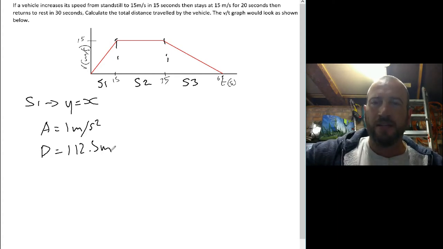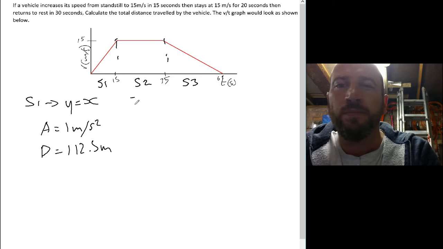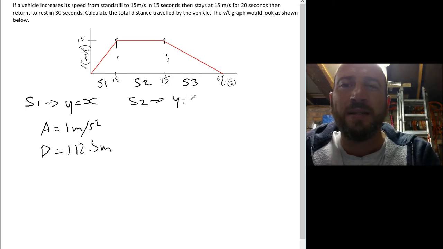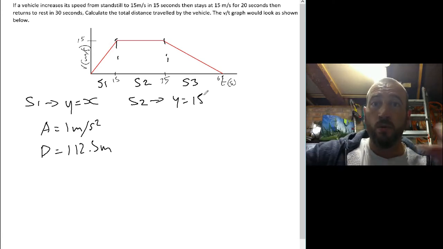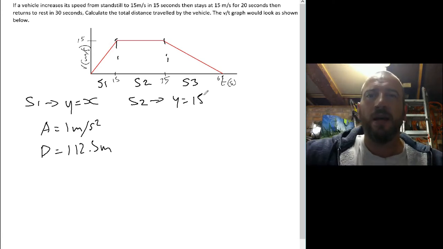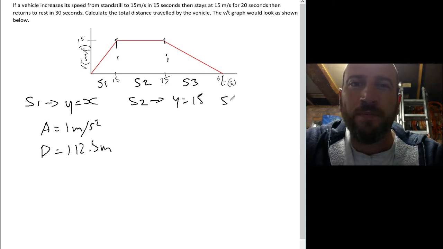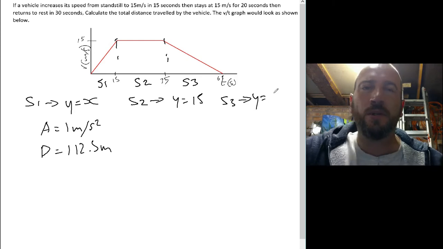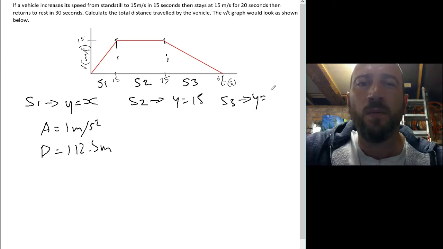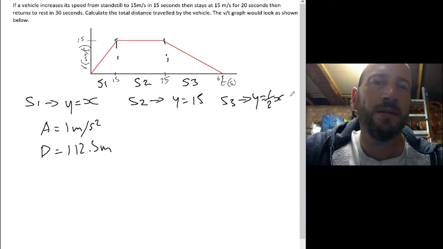Now look at the next section, section 2. In section 2, y is equal to 15 for the whole section. And in section 3, y is equal to, now you ready for this, negative 1 over 2 x plus 15.